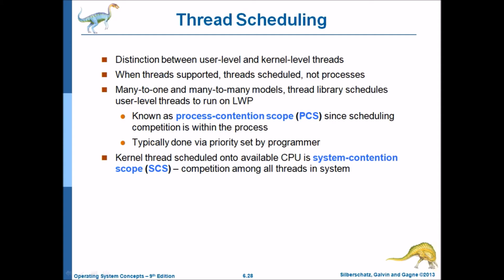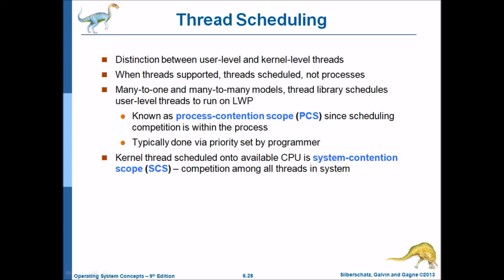And so, on systems implementing many-to-one and many-to-many threads, the thread library schedules user-level threads to run on a lightweight process, known as process contention scope, since scheduling competition is within the process, where this is typically done via priority set by the programmer.